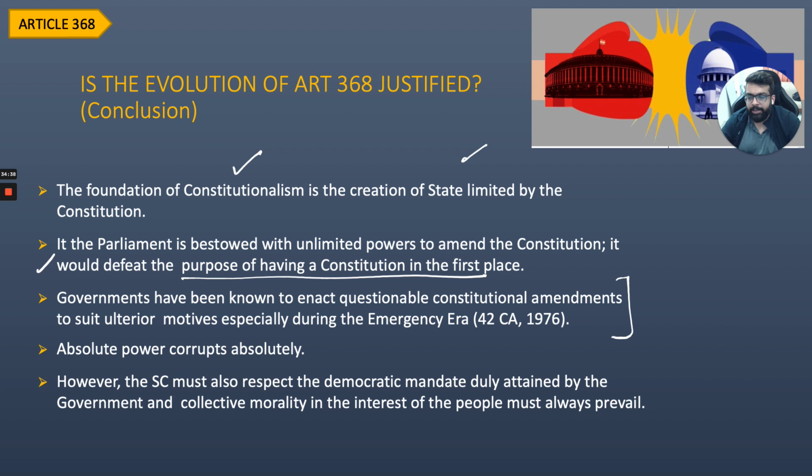And one must not forget the famous adage that absolute power corrupts absolutely. Now, this does not mean the Supreme Court rides a high horse and starts ravaging the parliament at any moment that it gets. It should also respect the democratic mandate, because at the end of the day, they are the parliament, they're the government. That's because the people have entrusted them with their votes, and therefore a collective morality must exist in the interest of the people.